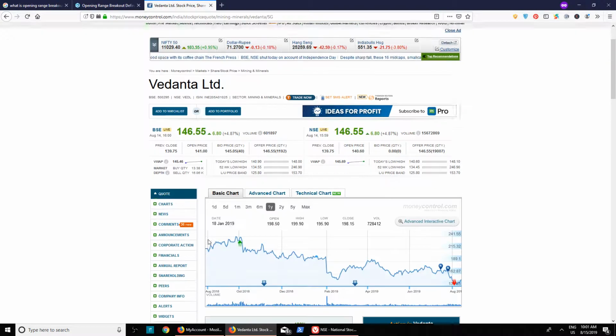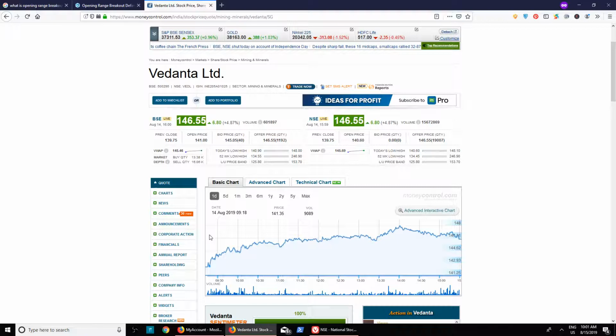I can quickly check it here too. Yes, 143. So with the high and low, you take a position. This is a breakout level. So the opening range is the first 15 minutes range, the high and the low.